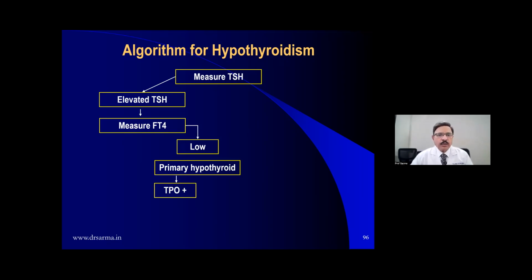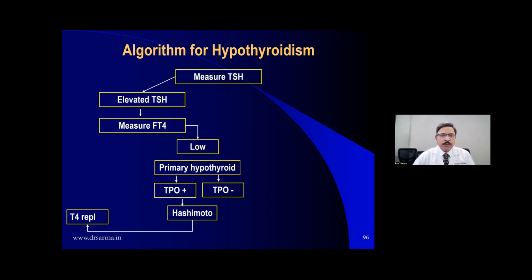Then you have to order the antibodies, TPO antibodies. TPO positive or TPO negative. TPO positive means autoimmune thyroiditis producing hypothyroidism, which is Hashimoto's thyroiditis.